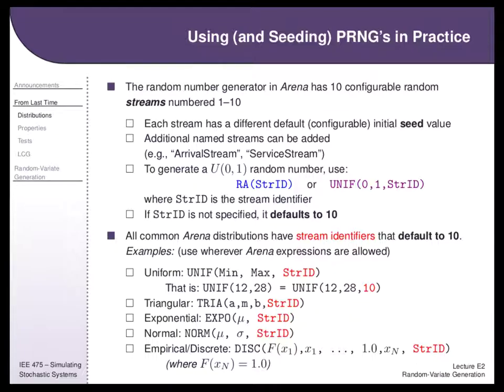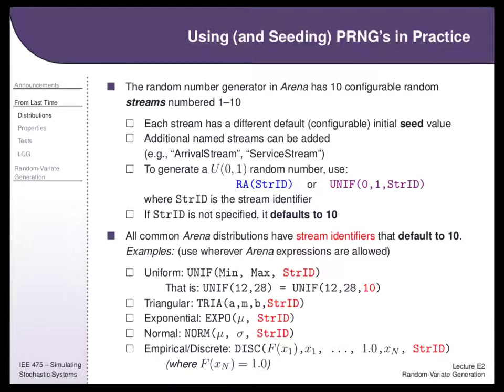But there is a hidden parameter that is the stream ID. If you leave it out, it defaults to 10. But if you put it in, it's whatever stream you want. In fact, you can go into the streams element and add your own streams. So you could create a stream called, I think I had an example, like arrival stream.